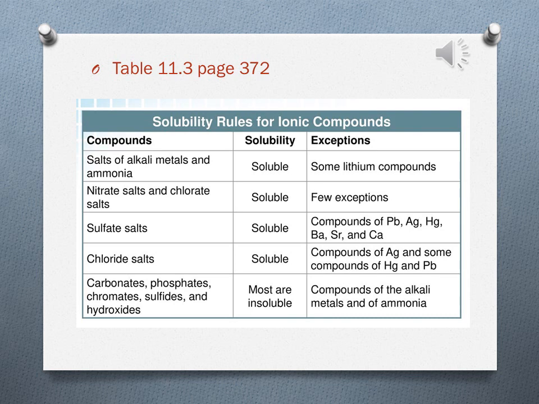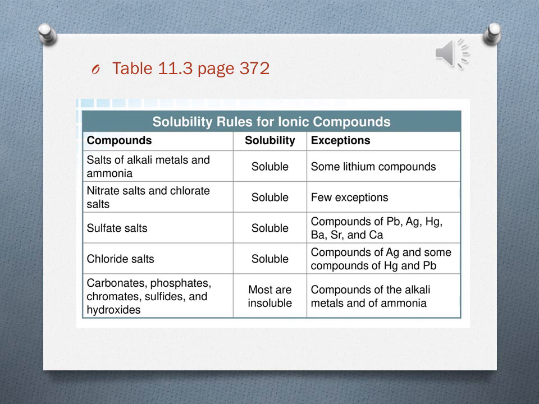So to find out if an exchange will occur, refer to table 11.3, which gives guidelines for determining whether ion combinations are soluble. For example, salts of alkali metals and ammonia are soluble, exceptions some lithium compounds. Nitrate salts and chlorate salts are soluble, also we have few exceptions.